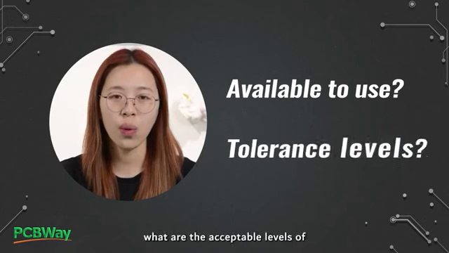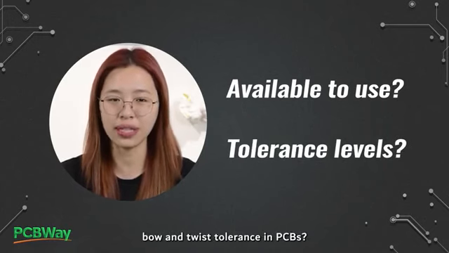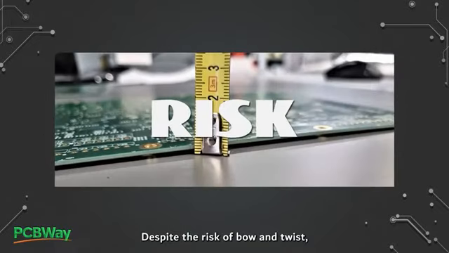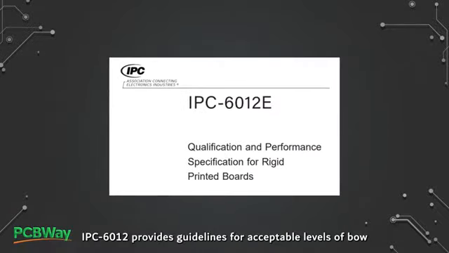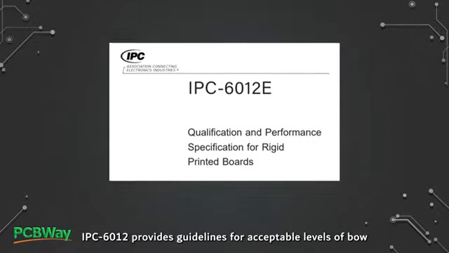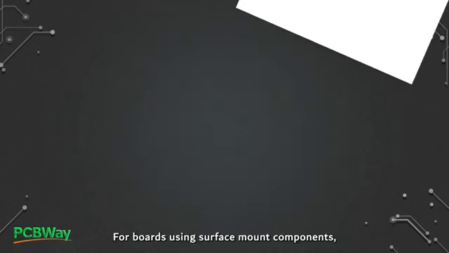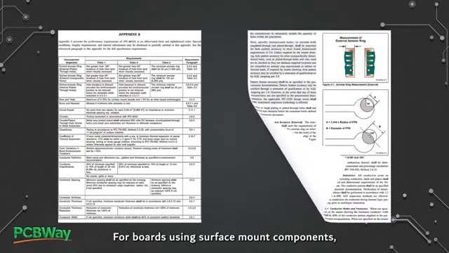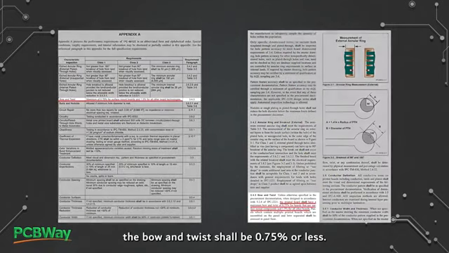And if so, what are the acceptable levels of bow and twist tolerance in PCBs? Despite the risk of bow and twist, PCBs are not completely flat in practice. IPC 6012 provides guidelines for acceptable levels of bow and twist in PCBs. For boards using surface mount components, the bow and twist shall be 0.75% or less.